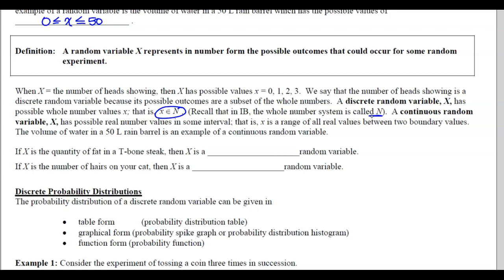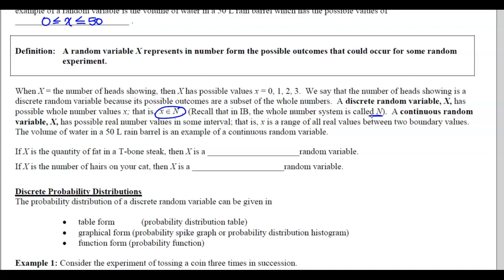Here's a couple more examples. If x is the quantity of fat in a T-bone steak, then x is what kind of variable? Can you have 0.34 milliliters of fat in a T-bone steak, a decimal value? Yes. Okay. Number of hairs on your cat. A hair is a hair, whether it's short or long. So that is discrete.